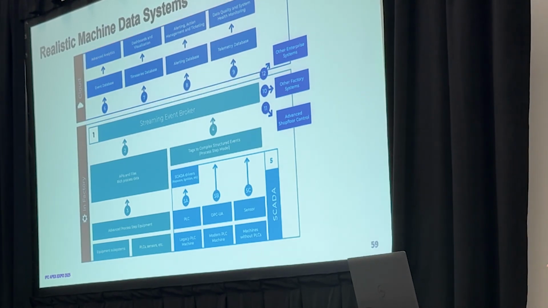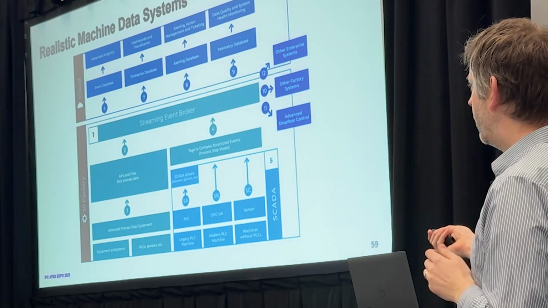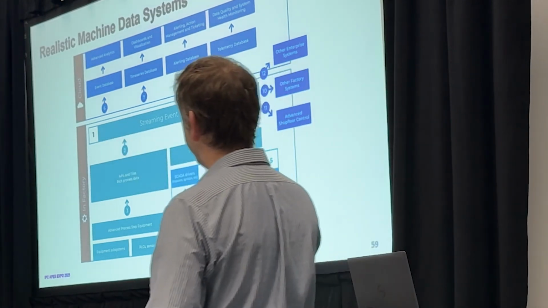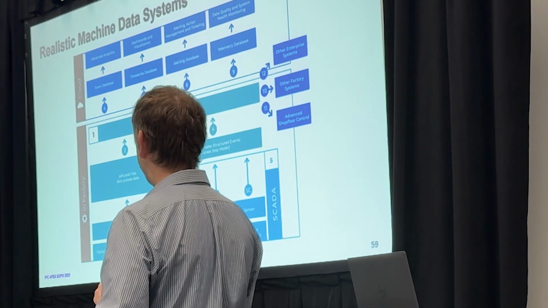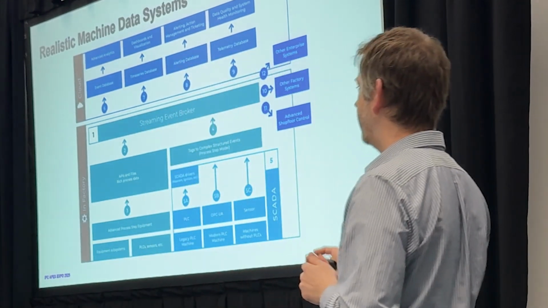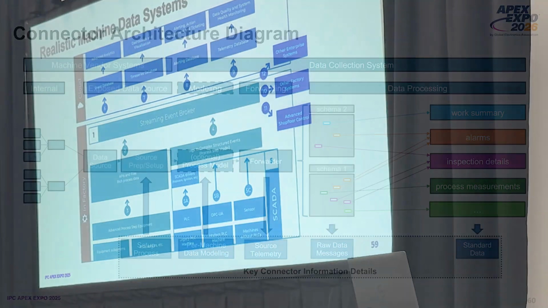But at the end of the day, this tends to look like a system like this, where you might swap in a different event broker technology like MQTT or AMQP or Kafka, and maybe you only have this kind of data to start with, but most people also have some of this as well, and you have to merge them together.